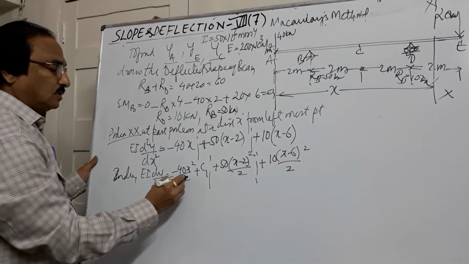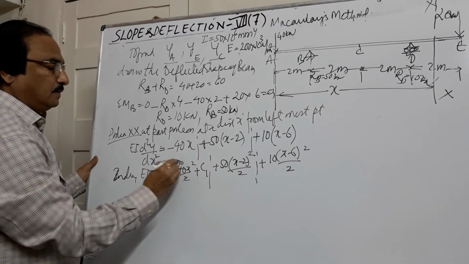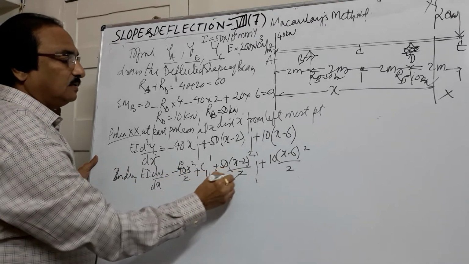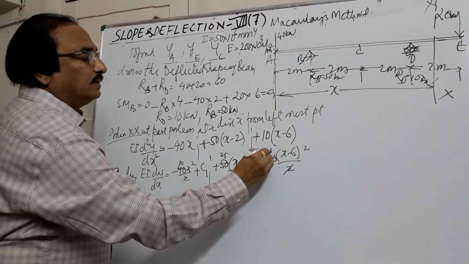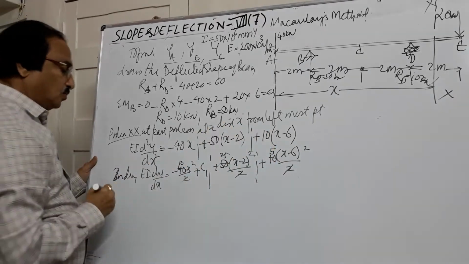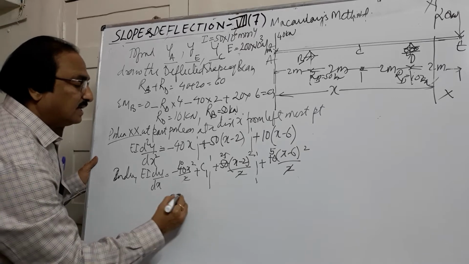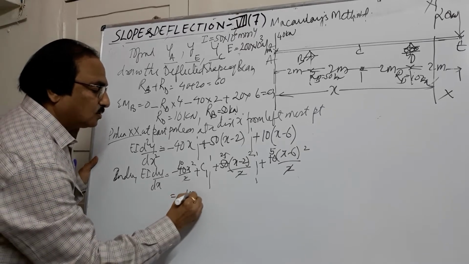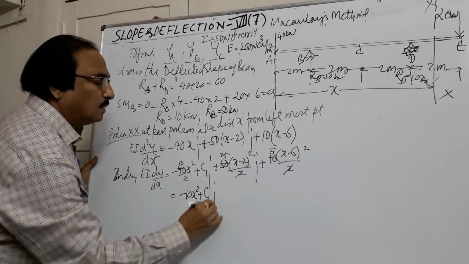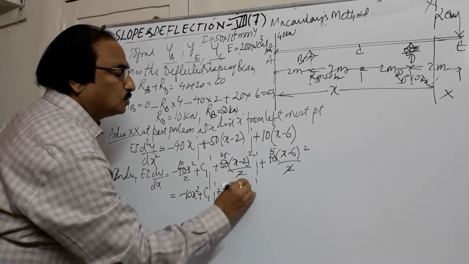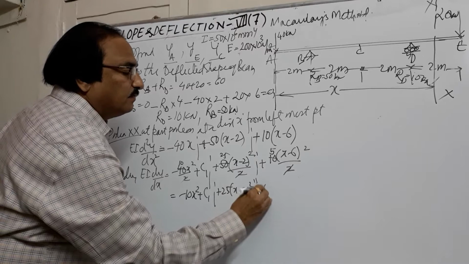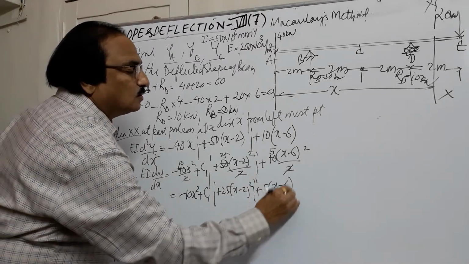Right? So this will be 10, this will be 25, and this will be 5. So here, let me write once, minus 10 x square plus C1 plus 25 into x minus 2 whole square plus 5 into x minus 6 whole square.